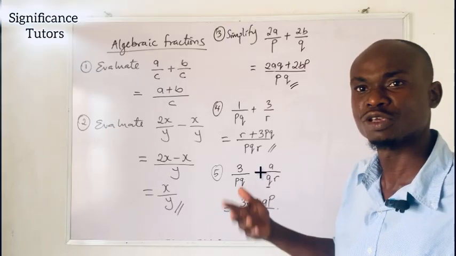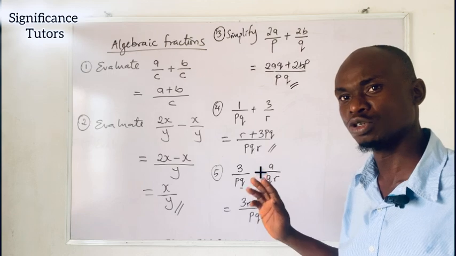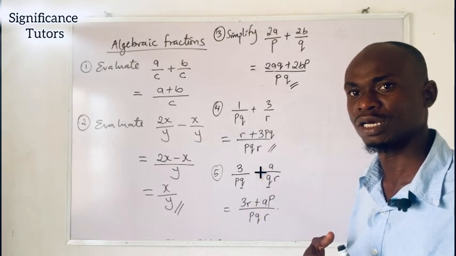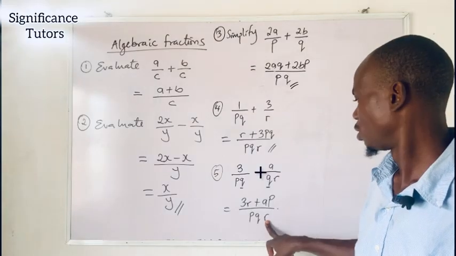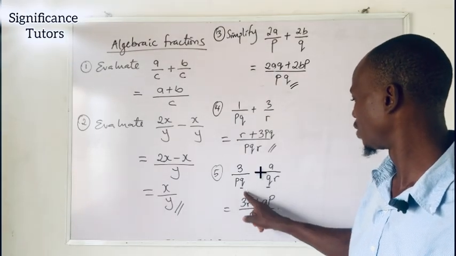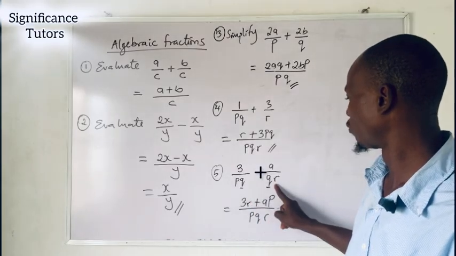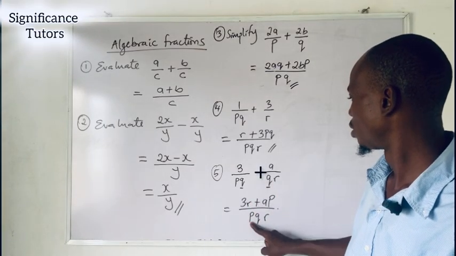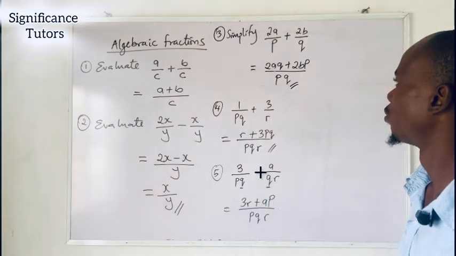Now, if you have q squared, q cubed, a squared, a raised to power 4, you ignore the power. Just take the alphabets together without repetition. That's your LCM. Then when you get your LCM, what alphabet is missing here? r times 3, 3r. What alphabet is missing here? p times a, ap. So that is it for LCM.